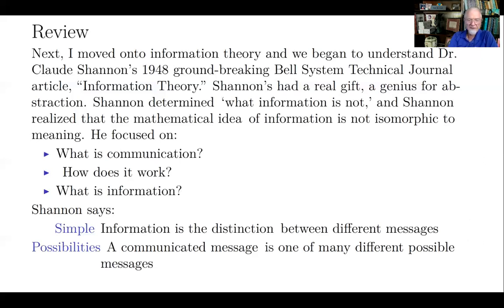First, the simple one: information is the distinction between different messages. So there is some way to measure a distinction between any two different messages. And there's lots of possibilities. A communicated message is one of many different possible messages.